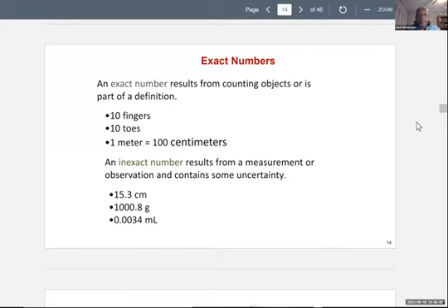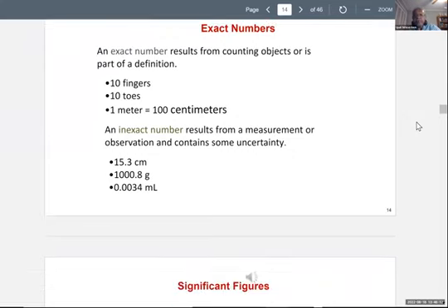Okay, can you remember that? Exact numbers, which are found in conversion factors, don't have significant figures.